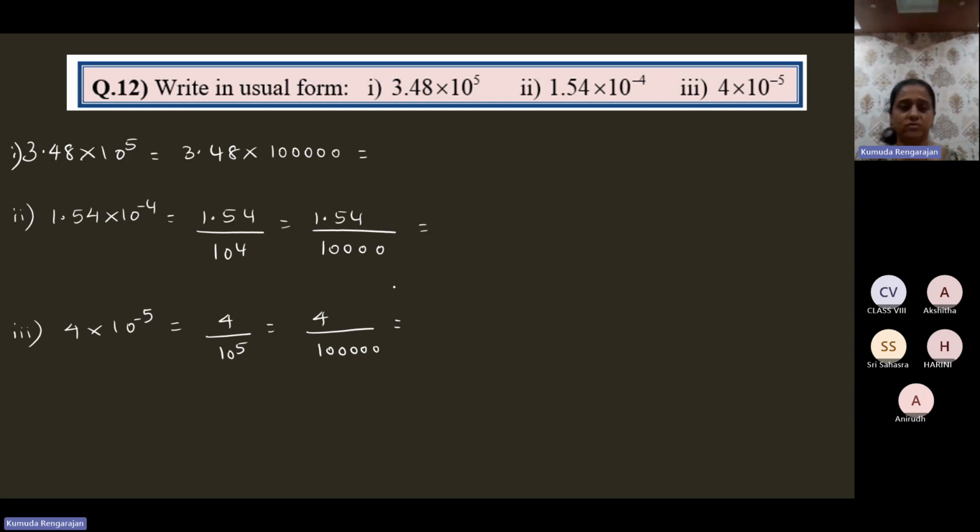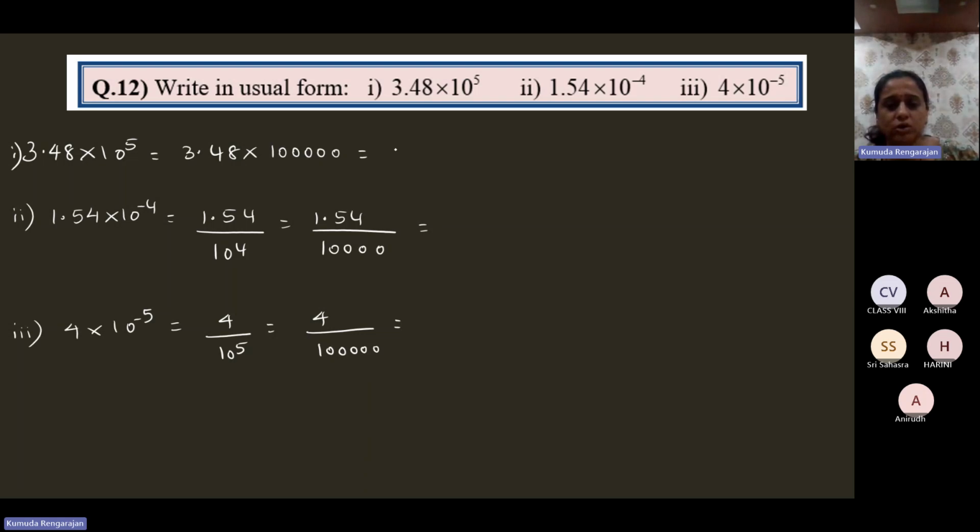Yeah, what's the answer for the first one? Sahasra? Yes, ma'am. 3.48 into 10 to the power 5 is nothing but 1 followed by 5 zeros, correct? Yes, ma'am.